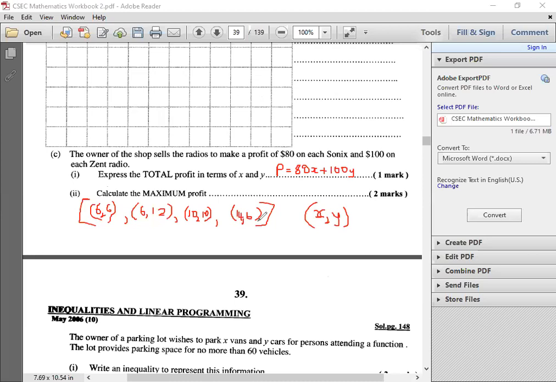All right. So calculate now the maximum value, the maximum profit for me.